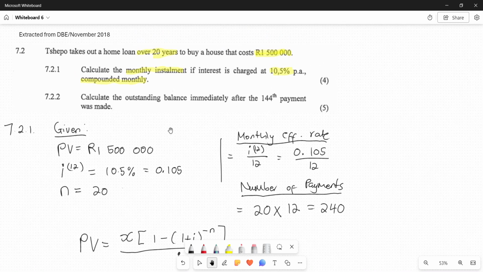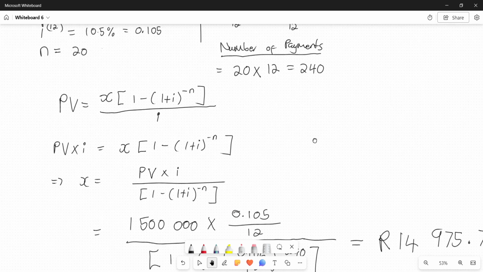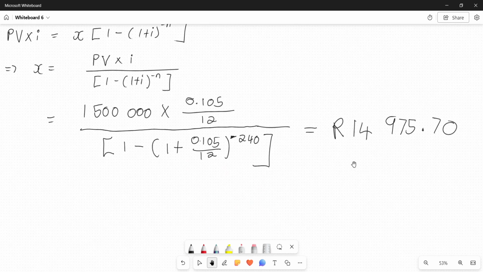Now, let's move on to the last question. The last question says, calculate the outstanding balance immediately after the 144th payment. After the 144th payment was made. So now we have already calculated this monthly installment of 14,975 and 70 cents.